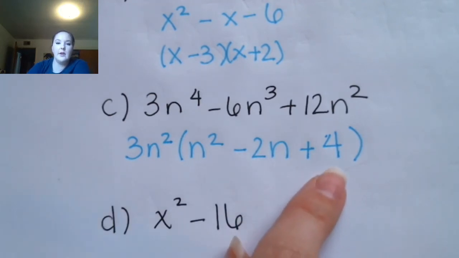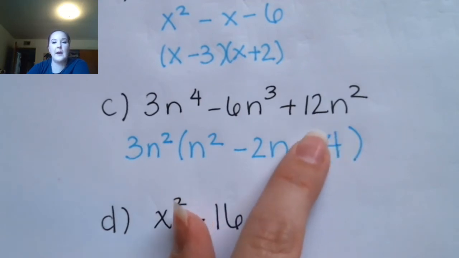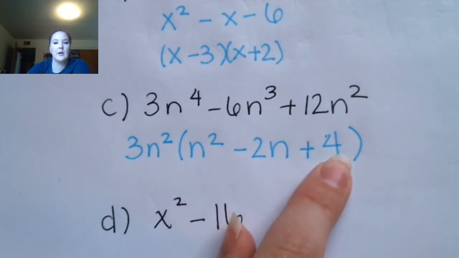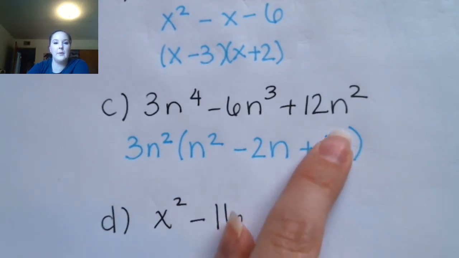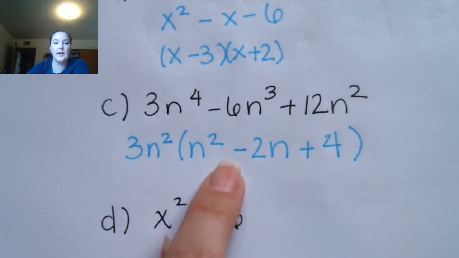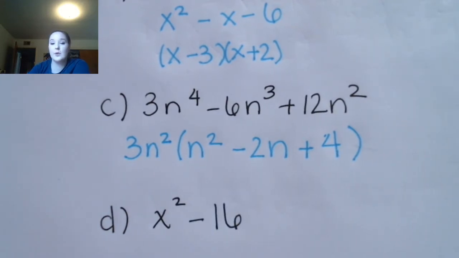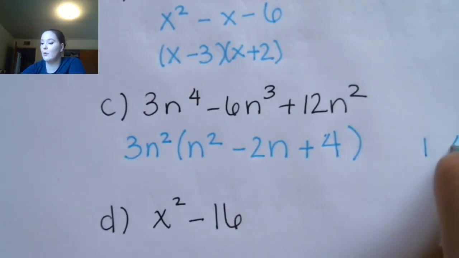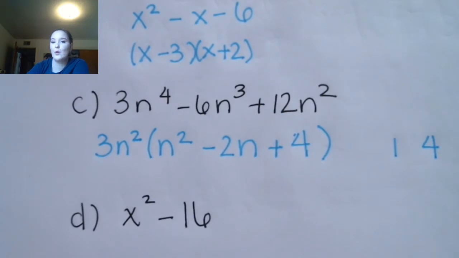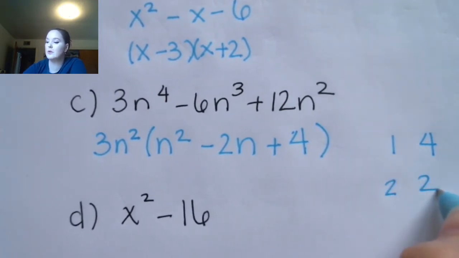Now I'm looking for two numbers that multiply to 4 and add to -2. The only factor pairs that multiply to 4 are 1 and 4, or 2 and 2.